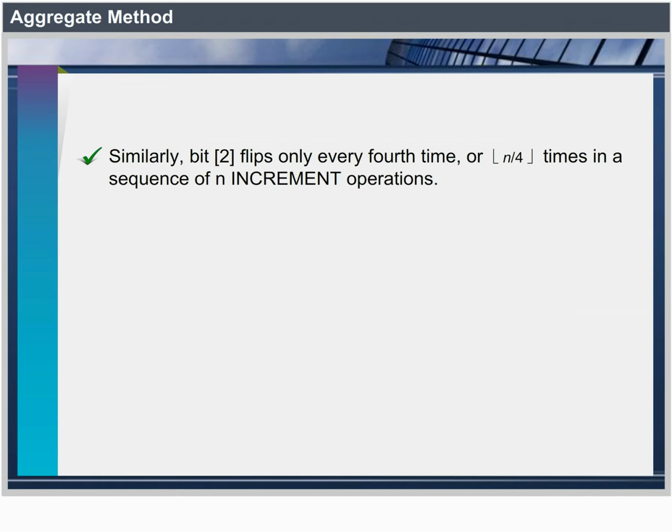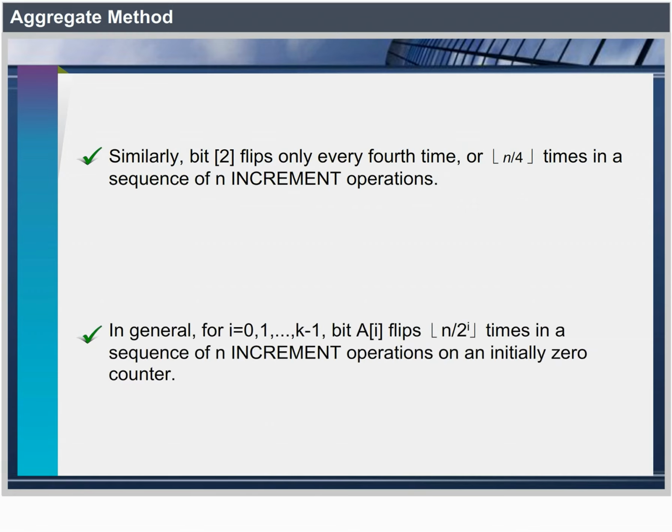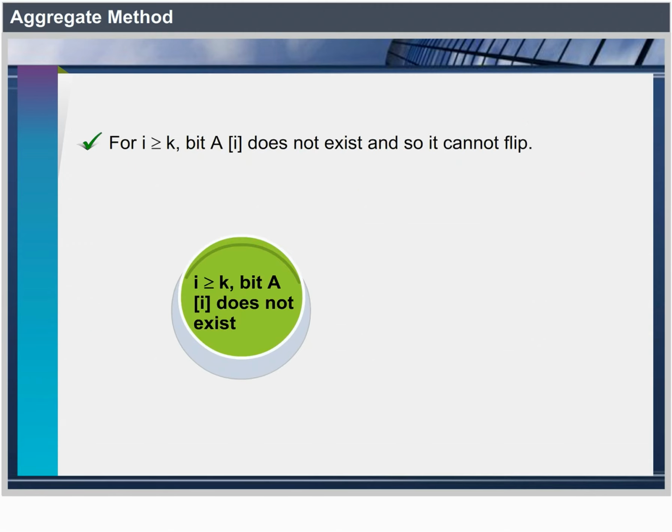Similarly, bit 2 flips only every 4th time, or floor of n by 4 times, in a sequence of n increment operations. In general, for i equals 0 up to k minus 1, bit A[i] flips floor of n by 2 to the power i times in a sequence of n increment operations on an initially 0 counter. For i greater than or equal to k, bit A[i] does not exist and so it cannot flip.